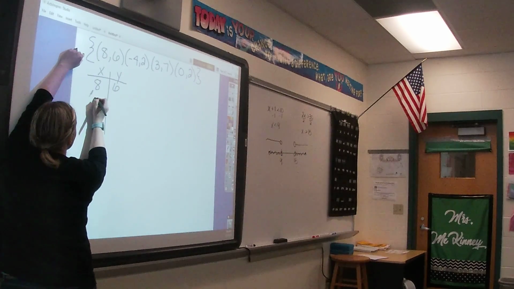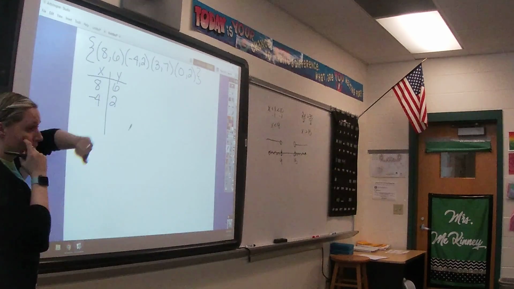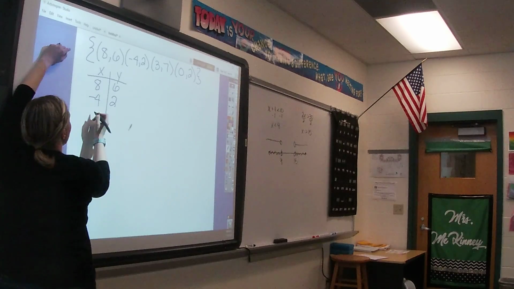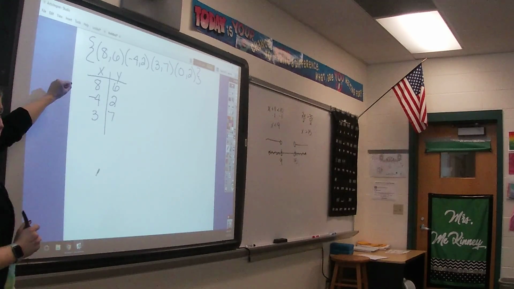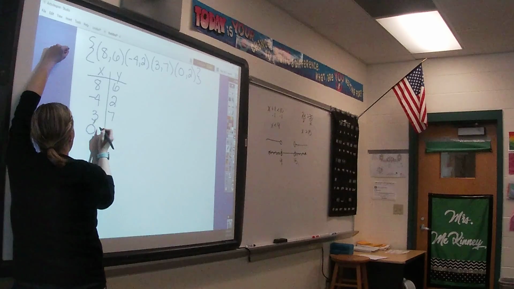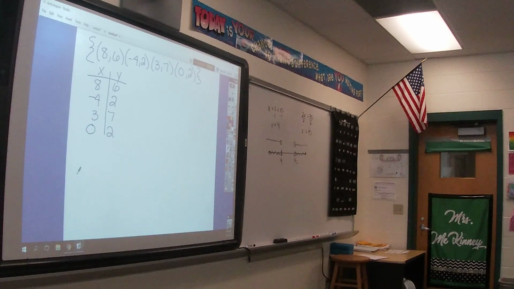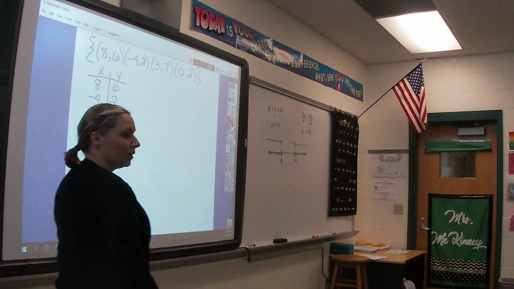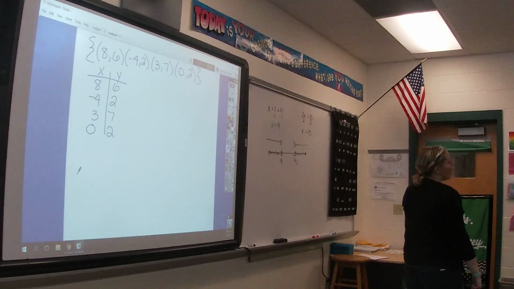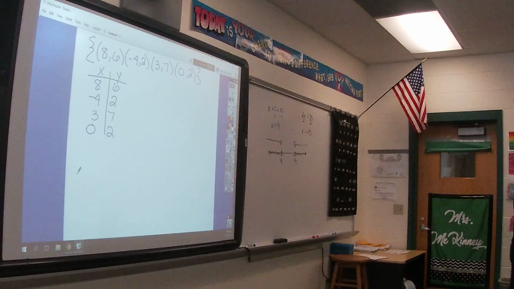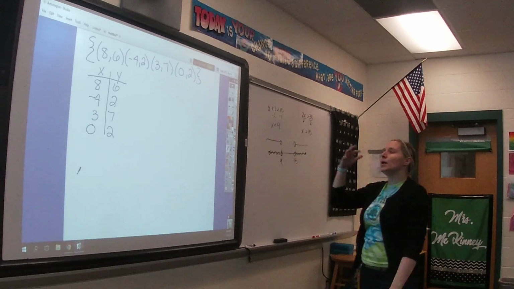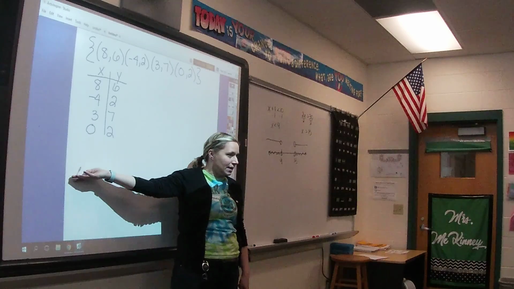So our next one is -4, 2. Then we have 3, 7. Then we have 0, 2. Now, here's why I say often we will see the X values in numerical order: often a table is used to represent data in a more reasonable way to process it.